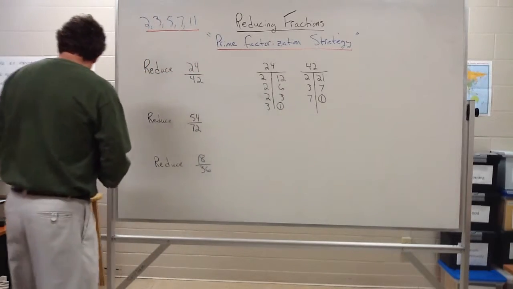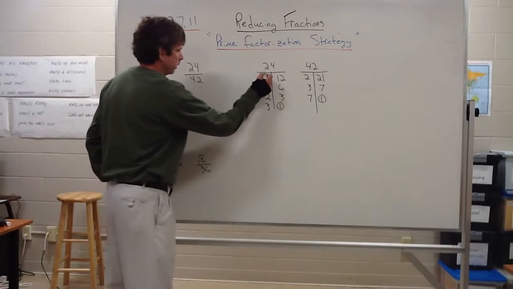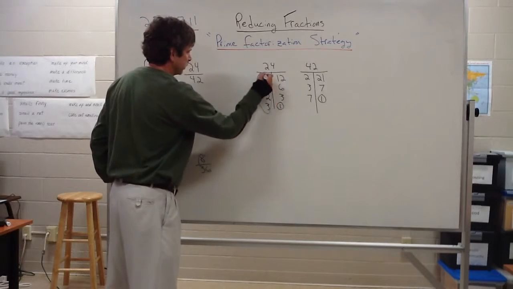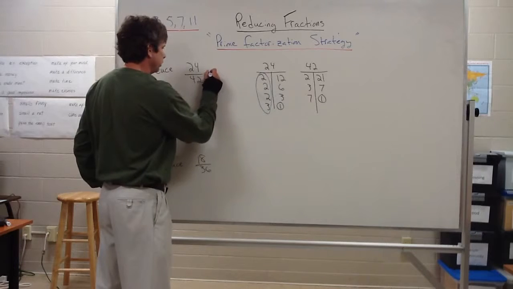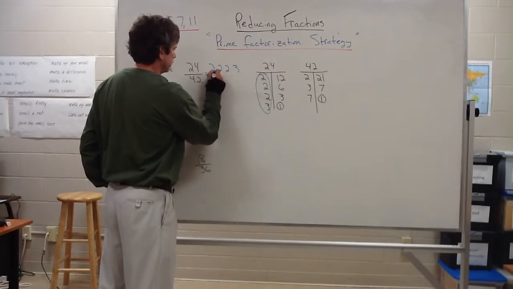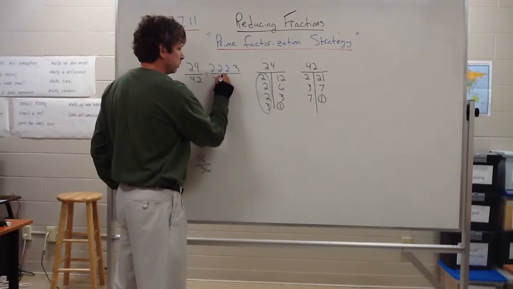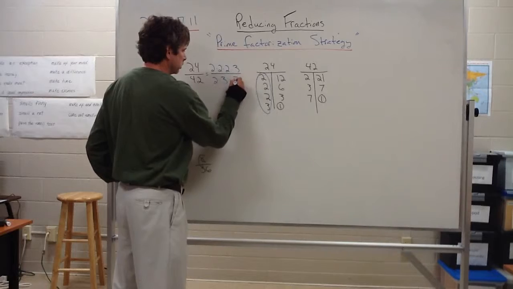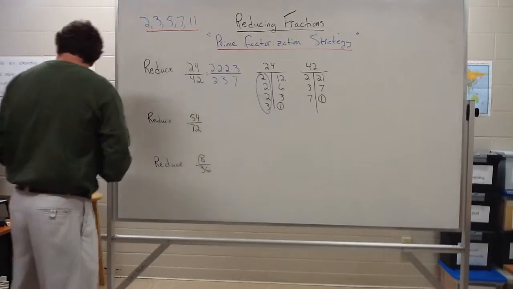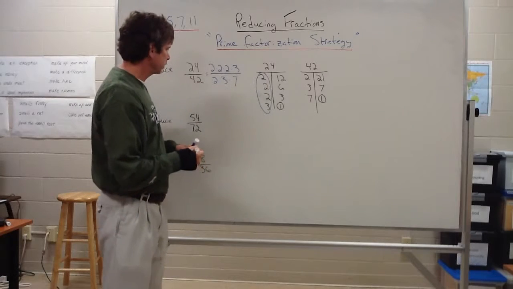So we next turn our attention to this side here. It's going to change our numerator into 2 times 2 times 2 times 3. Our denominator is going to change into 2 times 3 times 7. Our next strategy is, can we divide out any like factors?